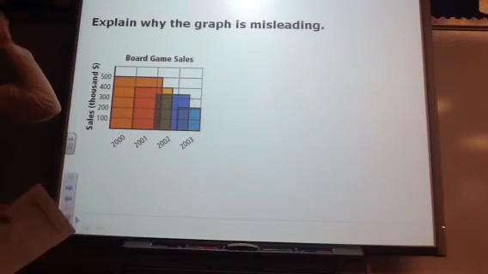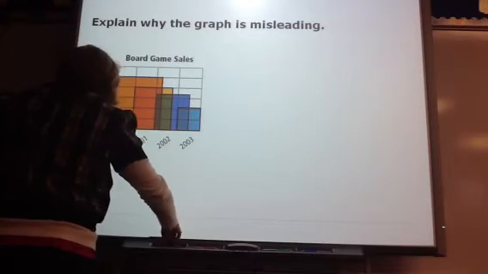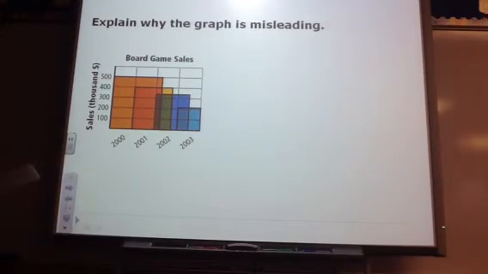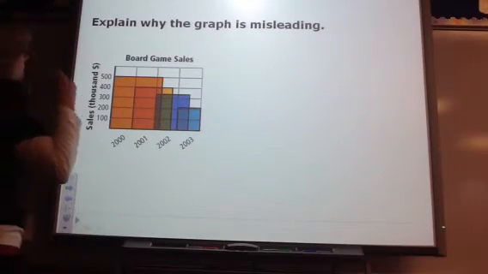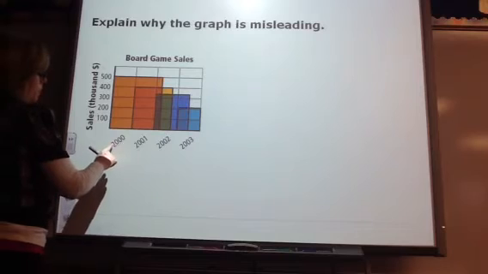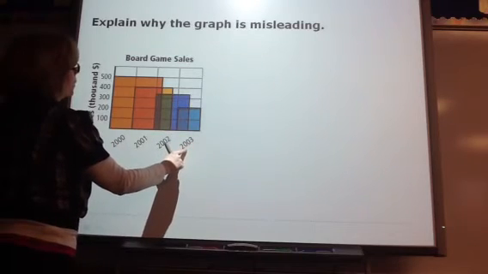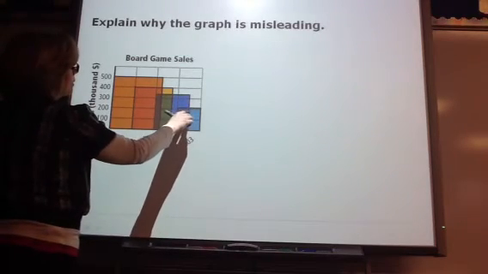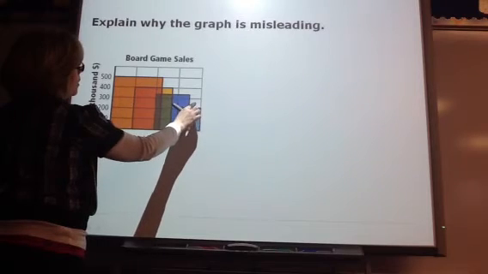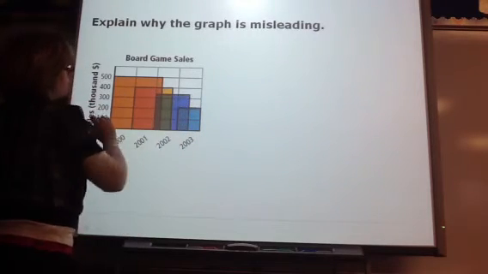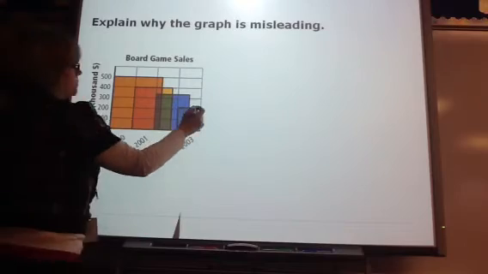Okay, last one here. Explain why the graph is misleading. I'll let y'all think about this one. Okay, so if you look at the height from 2000 to 2003, the difference looks like it's about 2.5 to 3.